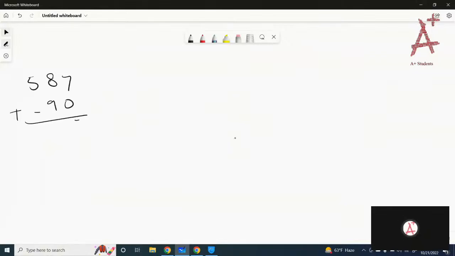So you are adding, so just add them. 7 plus 0 is 7. 8 plus 9 is 17. Write a 7 over here and carry 1. You have 7 here. So 5 and 1 is 6. That means the missing number is 1. Got it? Just select the correct option and then click on the OK button.